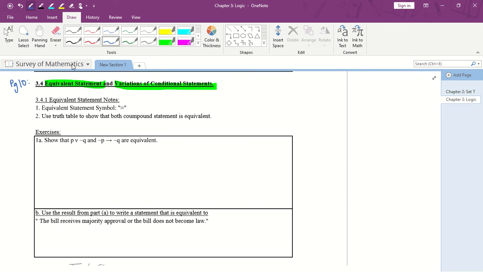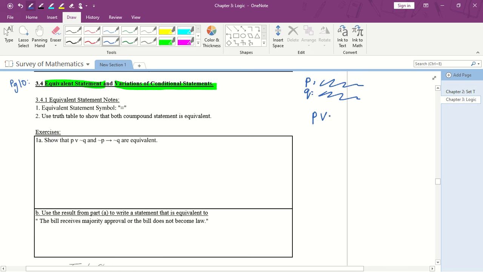However, in 3.4, equivalent statements basically mean the following. For example, you have statement P and statement Q, and you make P or negation Q and make a truth table. For example, you got true, true, false, true.